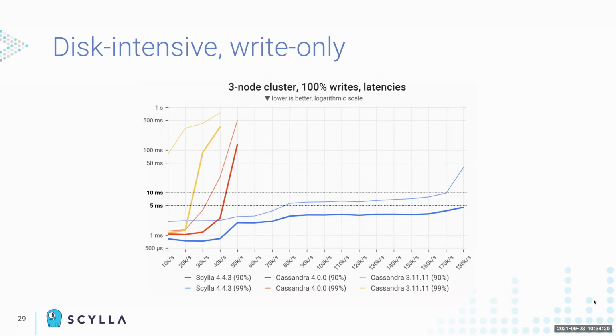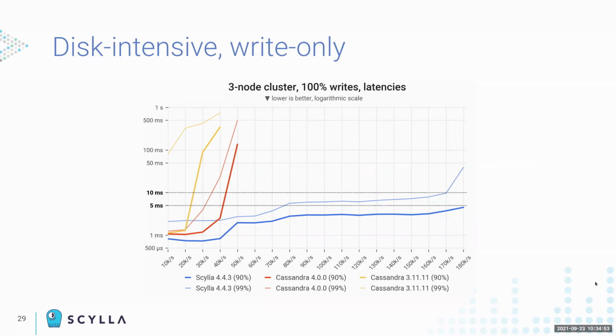So if your use case requires you to maintain low latencies, then the maximum throughput difference becomes even greater. Let's say you need your P99 to be under 10 milliseconds. In that case, Cassandra 4 can only handle 30,000 operations per second, while Scylla can handle 170,000, which is nearly 6 times as much.